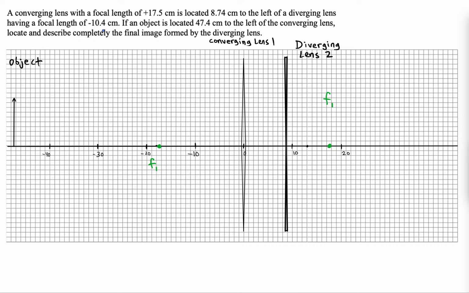We also have to go 10.4 centimeters to the left of the diverging lens. I believe that'll be right about here, and perhaps here.